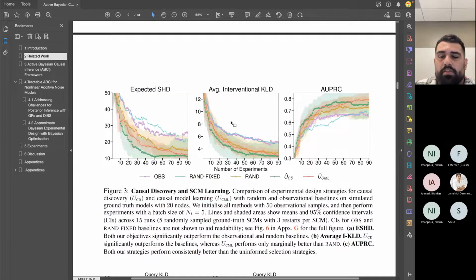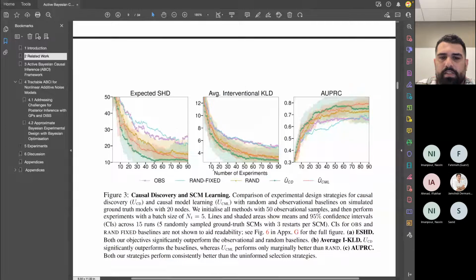And looking at these 3 different graphs, we see observational, basically how this algorithm is performing on observational data, which is the pink line here. UCD is performing very well in almost all 3 of them, and CD is for causal discovery. So their algorithm performs very nicely in causal discovery based on these 3 metrics.